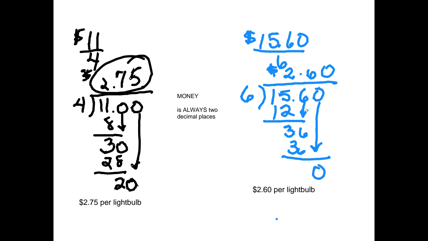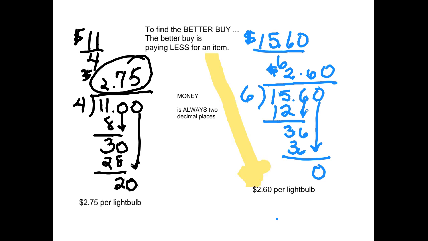The better buy is paying less for an item, which means the better buy is the package of 6.